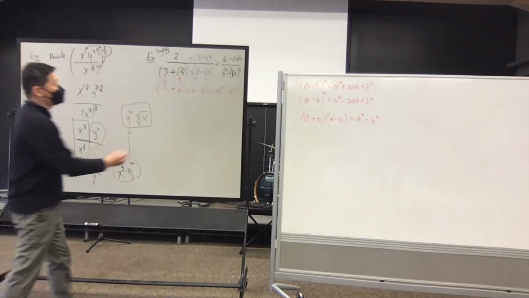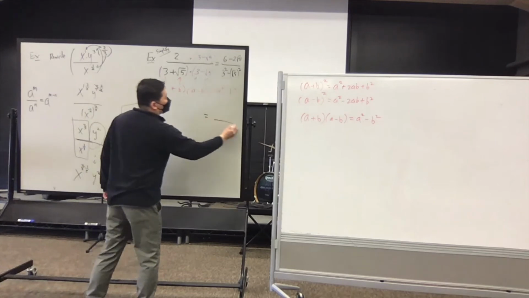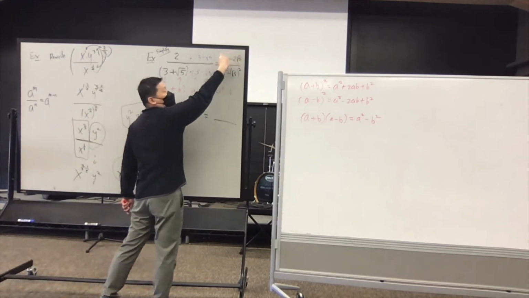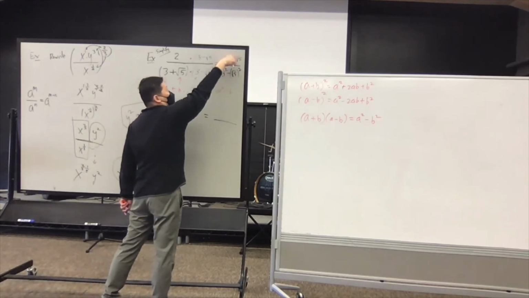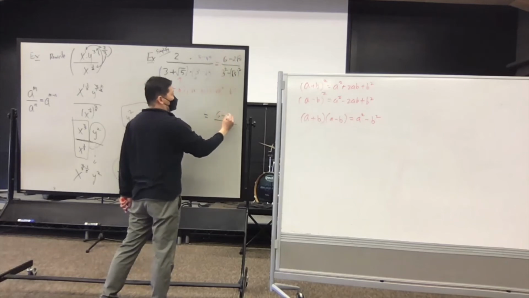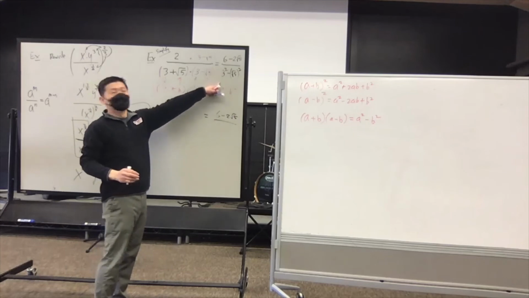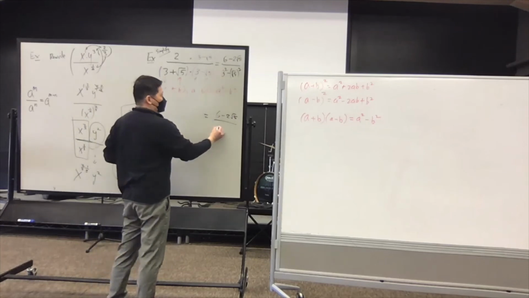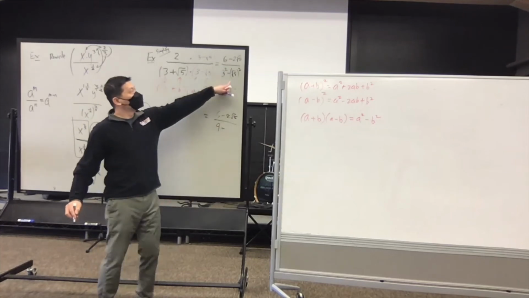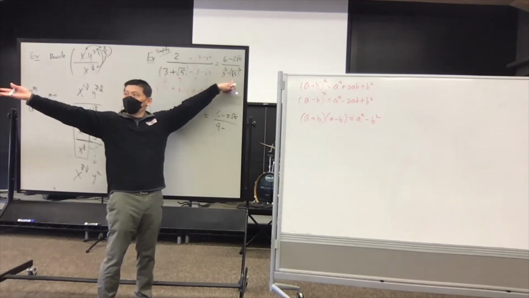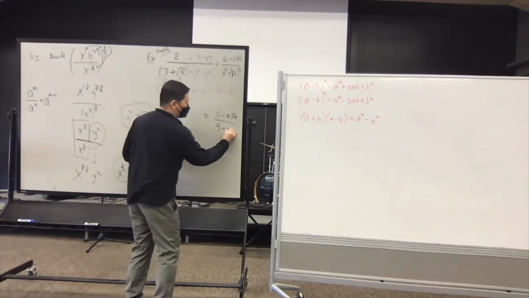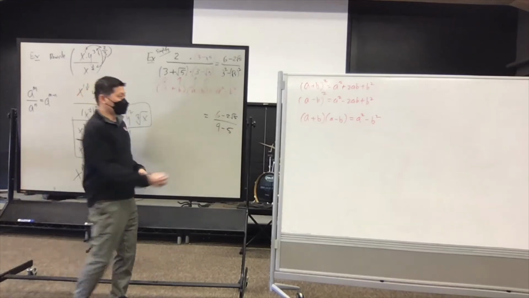Okay, so now I can't do anything with the top, so I'll keep the top as it is, 6 minus 2 square root of 5. On the bottom, 3 squared is 9, minus square root of 5 squared is 5. Look at that.